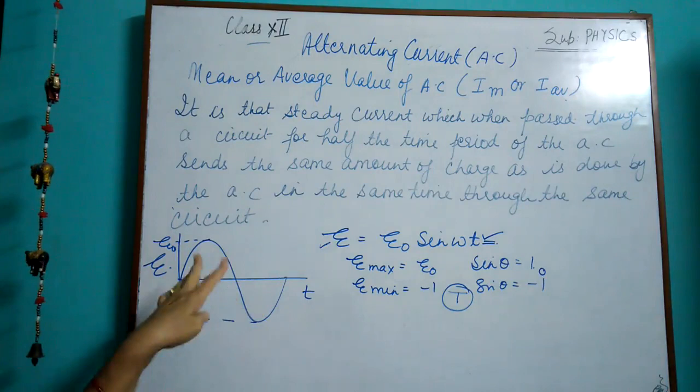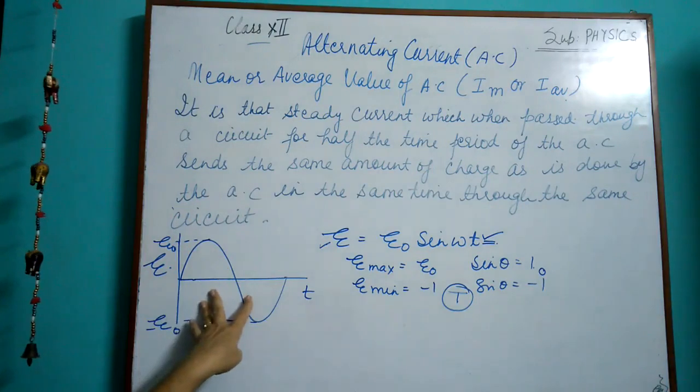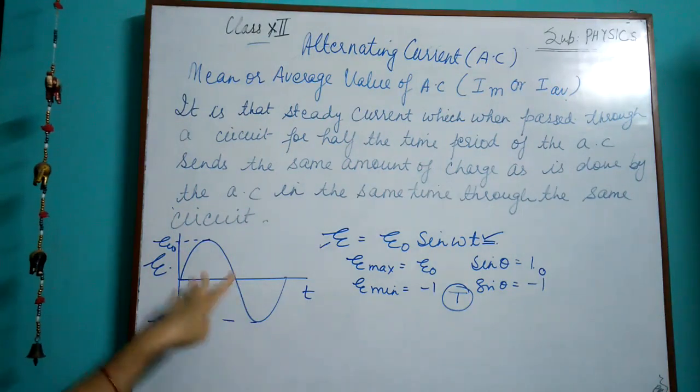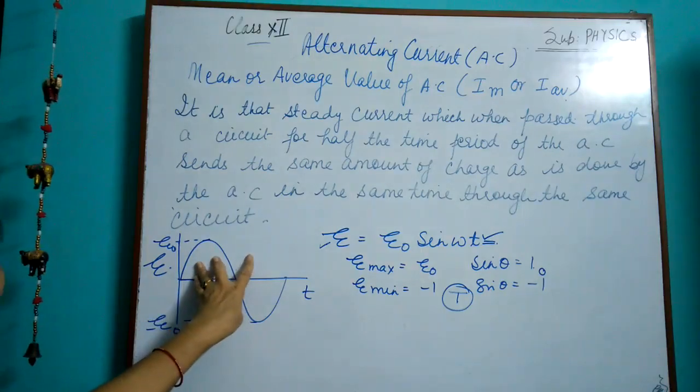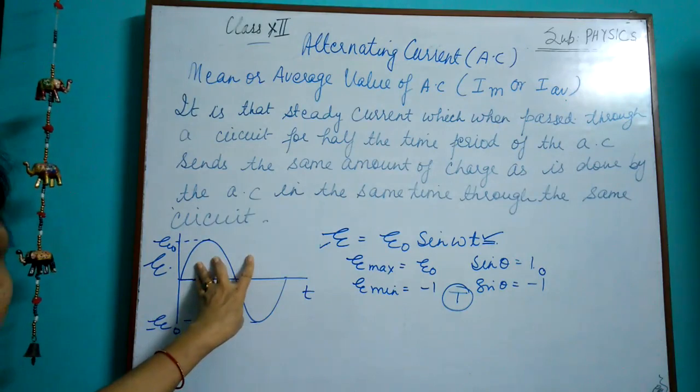Alright. Now first we'll see that if the EMF is varying in a circuit in this manner, how will the current vary? The current shall also vary in the same manner, because we know that V equals IR, or E equals IR.